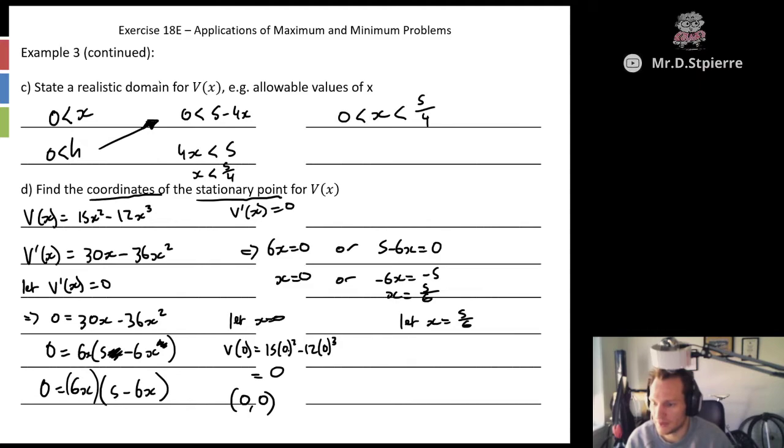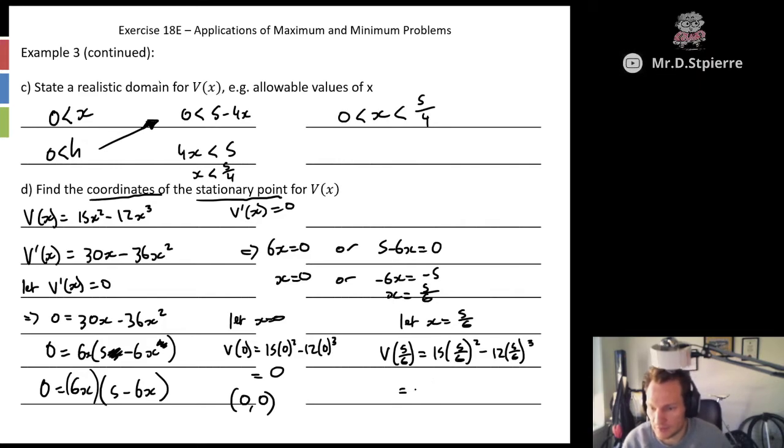Even though this is a fraction with squares and cubes, you do need to be able to do this without your calculator. So we get volume of 5 on 6 is equal to 15 by 5 on 6 all squared minus 12 by 5 on 6 all cubed.